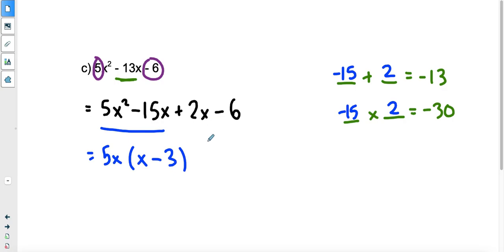I'm also going to common factor out my last two terms. And I know a 2 is in common to both 2x and 6. So I can common factor out a 2. 2 times x gives me 2x. And 2 times negative 3 gives me negative 6.